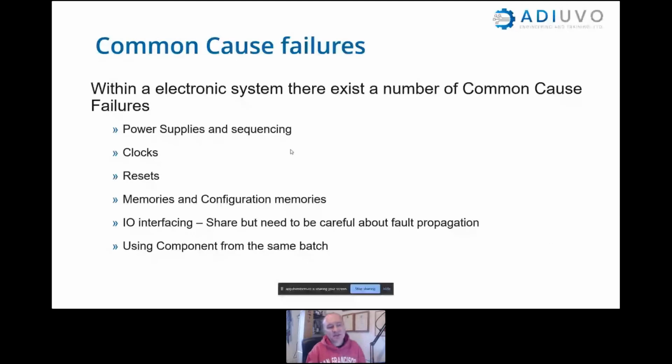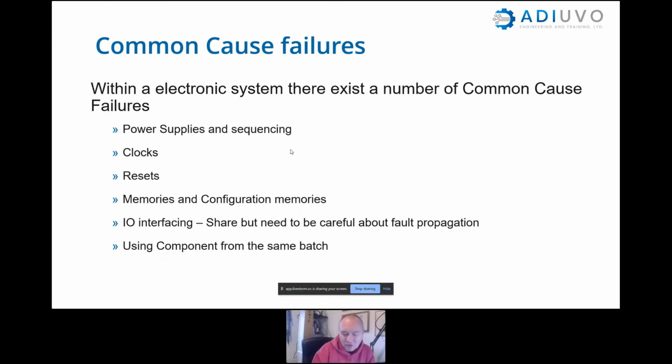So in our FPGA-based system, we'll find that the common cause failures are things such as power supplies and power sequencing, clocks, resets, memories and configuration memories, and particularly I/O interfacing, which is a big challenge to look at and run through.